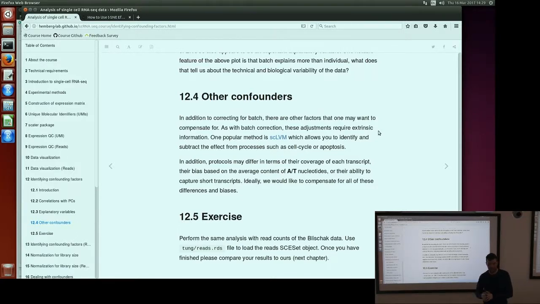I'd say latent variable modeling is still at the more experimental end of methods development. I know of some things in the works that I think will prove very useful. I think the best established ones at the moment are SC-LVM, a latent variable model specifically, which really digs into the cell cycle.